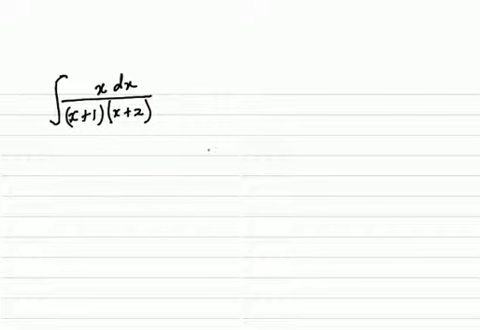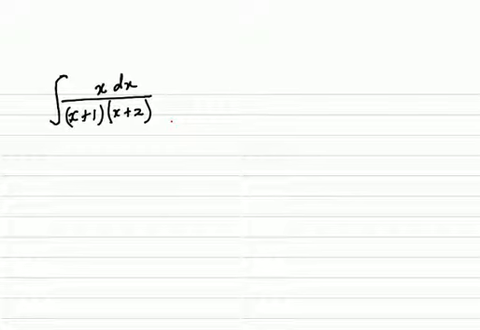This type of integration, basically, we would need the technique of partial fractions, whereby we would simplify, break down this fraction into smaller fractions, which we could possibly integrate, maybe using a linear form of integral or power rule, depending on what it simplifies to.